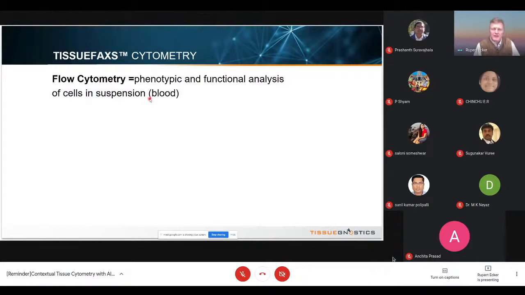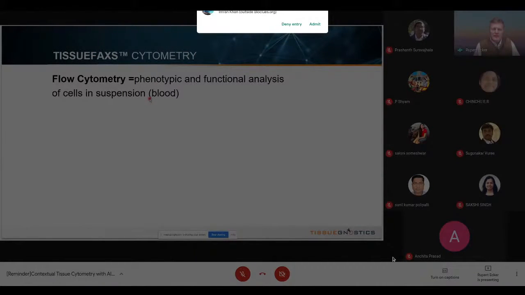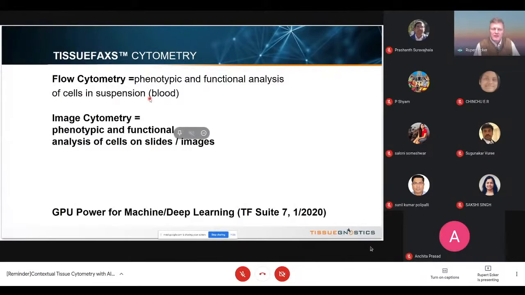As a matter of fact, the vast majority of tissue in the human body is not liquid, as we are all aware of, but solid. So you cannot analyze solid tissue sections in a flow cytometer, at least not in a proper way. The alternative technology that can be used for tissue sections on glass slides is image cytometry.